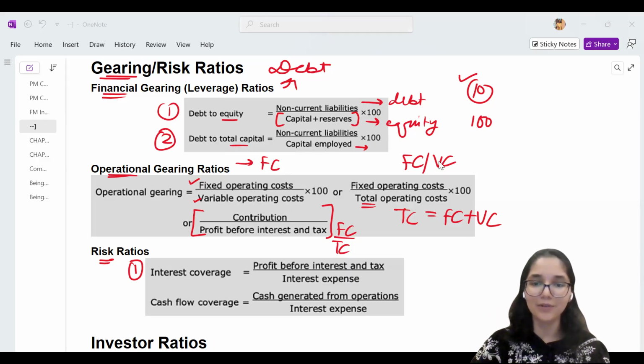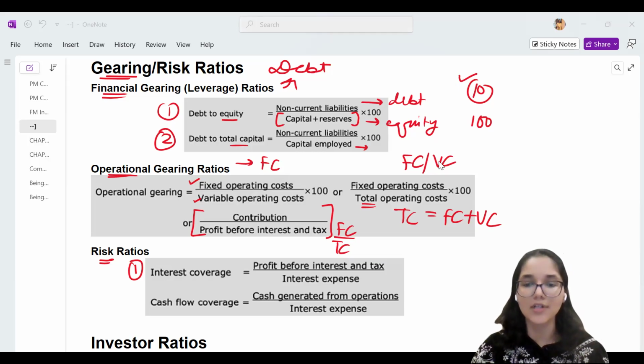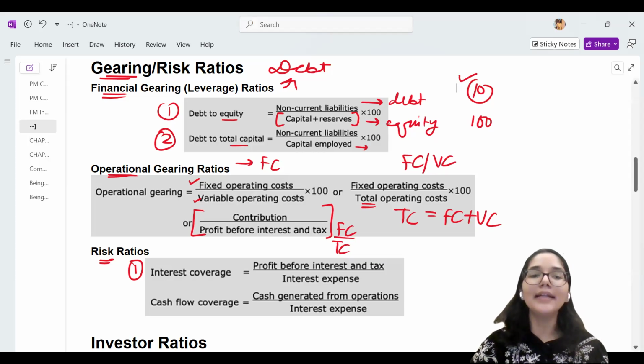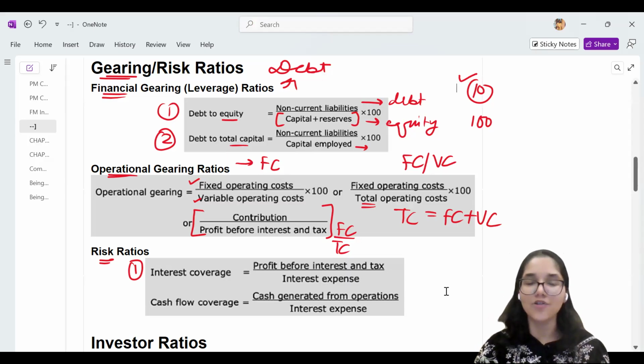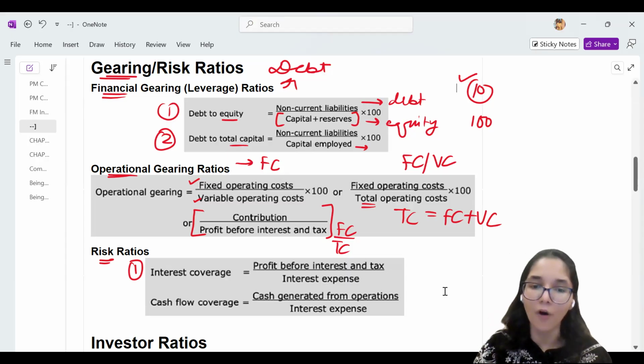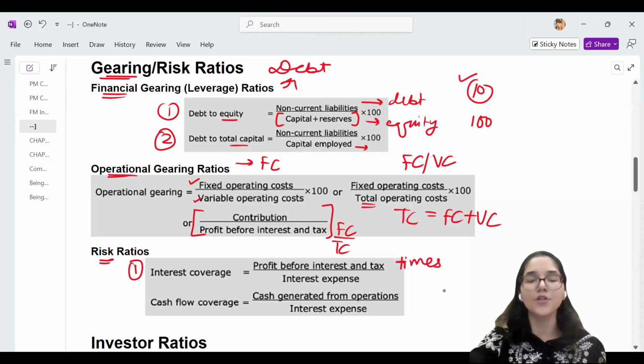10 times. Absolutely correct. So this is what the interest coverage ratio measures. It measures how many times the company has the capacity to meet its interest obligations. The formula is PBIT upon interest expense. The answer is always denoted in terms of times. So here my answer is 10 times.